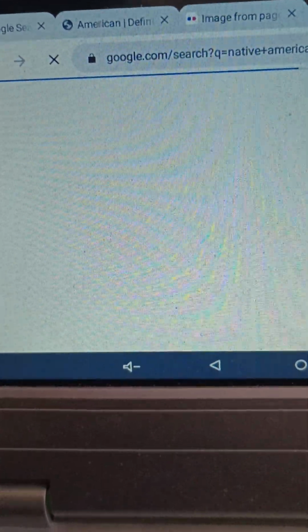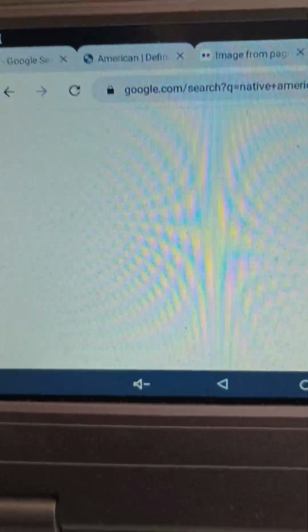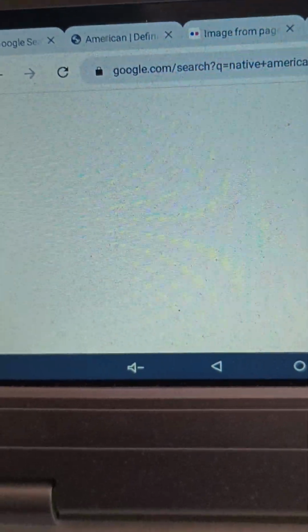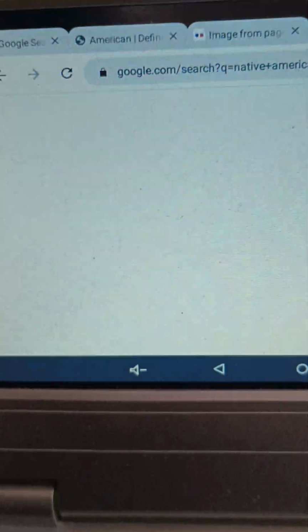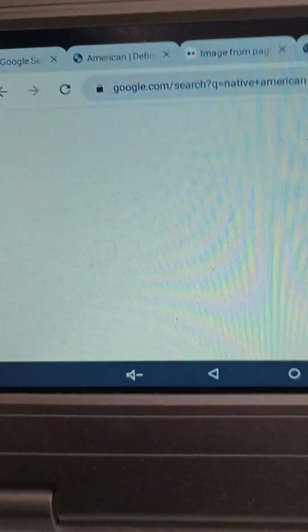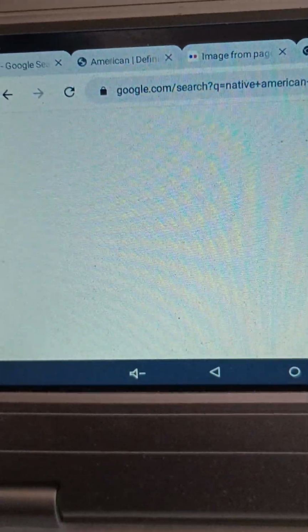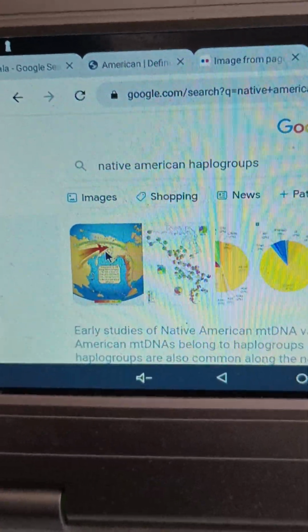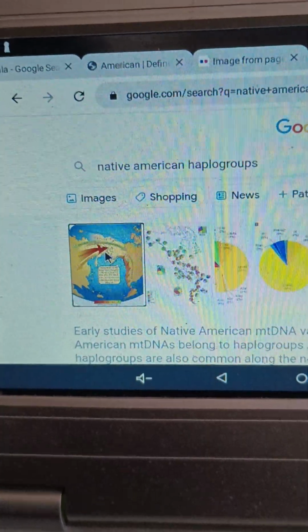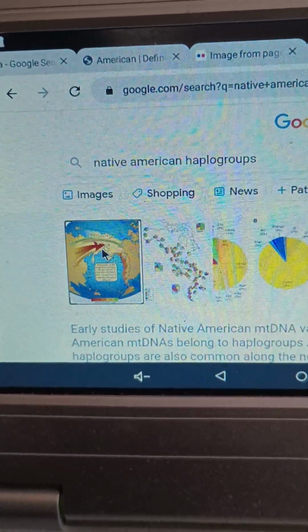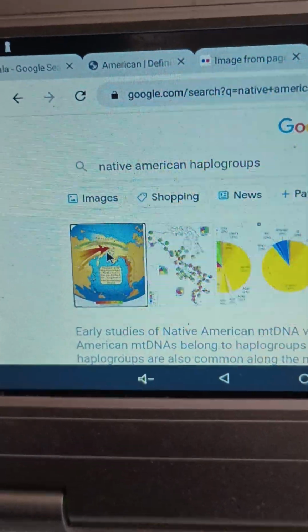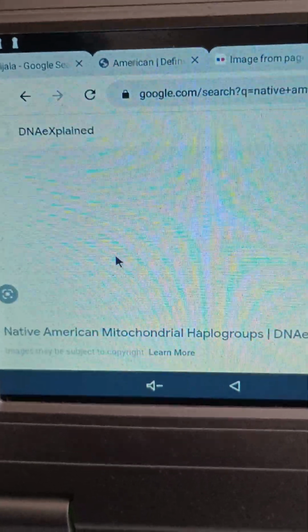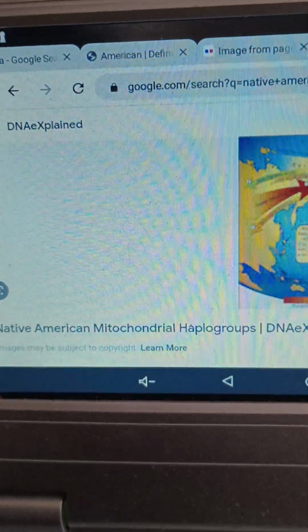People might not like genetics because it doesn't necessarily fit their narrative and what Granny told everybody. But basically, a haplogroup is a way to trace one's lineage.